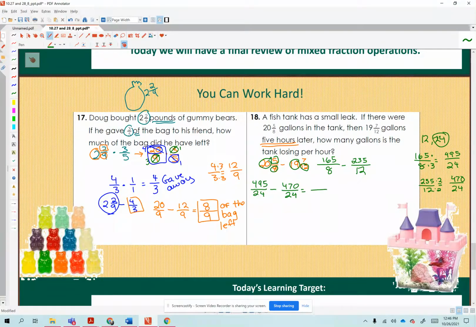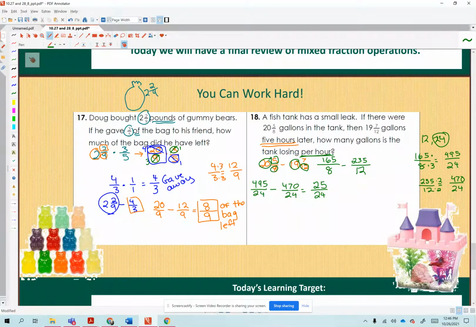And then I simply keep the denominator and subtract the numerators. 495 minus 470 is 25/24. So that's how much water he lost. But the question is, how many gallons is the tank losing per hour?